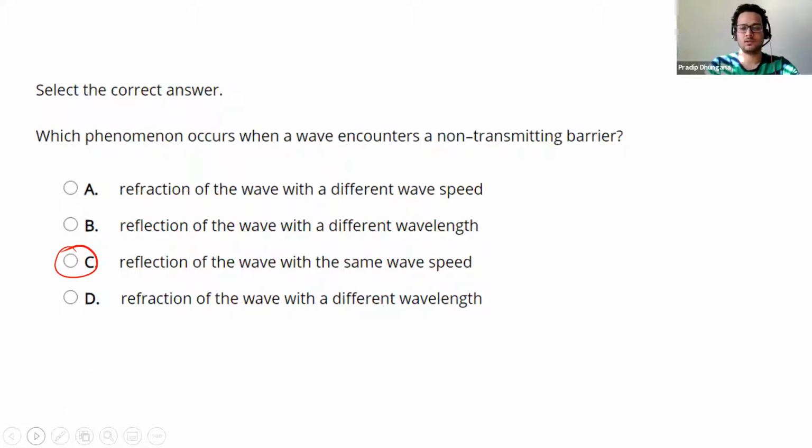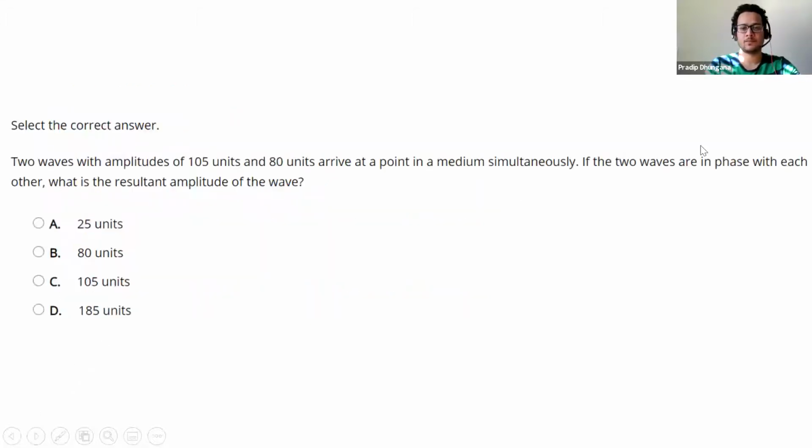Now let's go to the next question. This question is interesting. Two waves with amplitudes of 105 units and 80 units arrive at a point in a medium simultaneously. If the two waves are in phase with each other, what is the resultant amplitude of the wave? So we have to calculate the resultant amplitude.